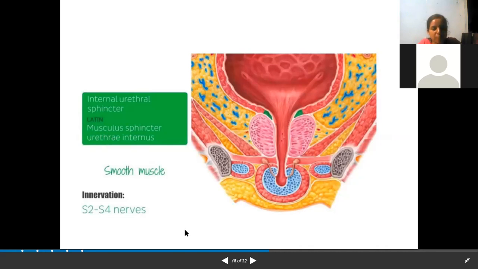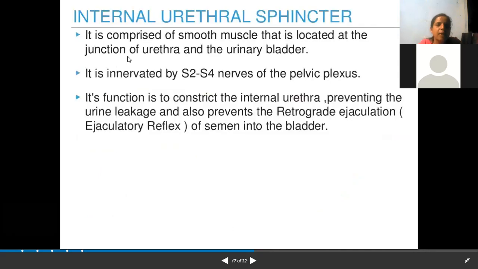There you have smooth muscle and the nerve supply is S2, S3, S4. Please remember this point. The internal urethral sphincter has smooth muscle, located at the junction of urethra and urinary bladder.